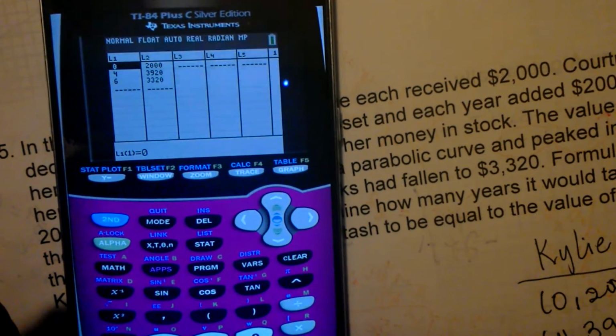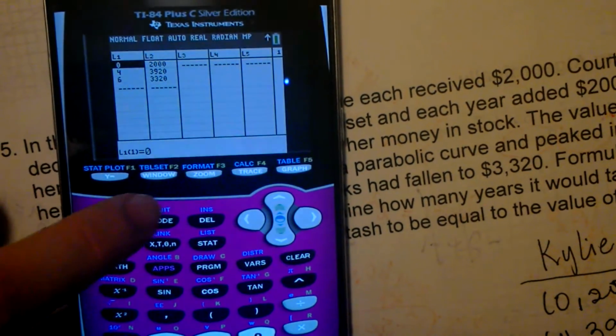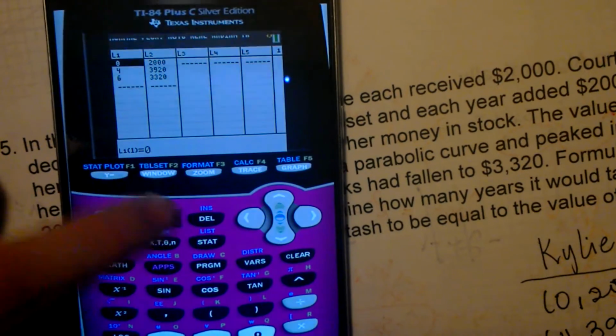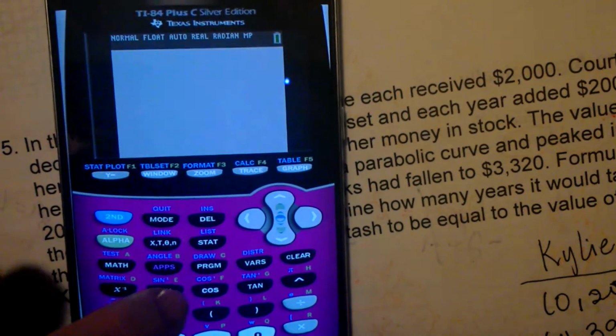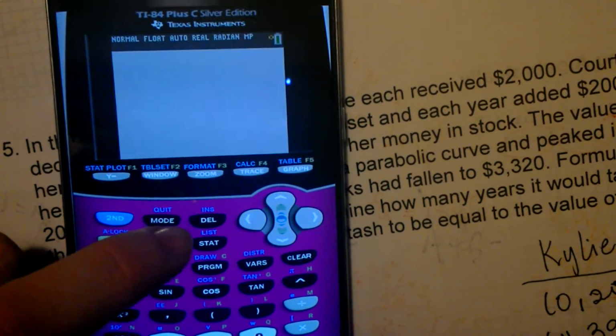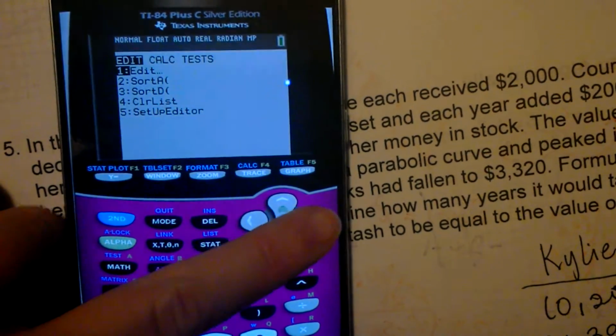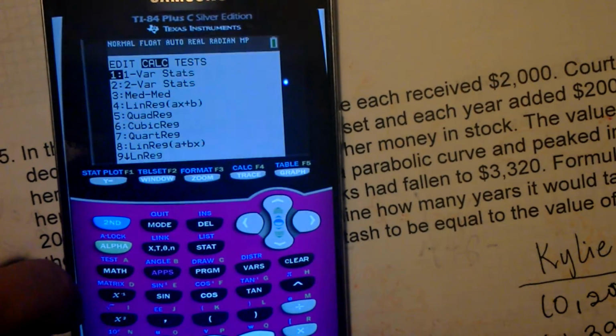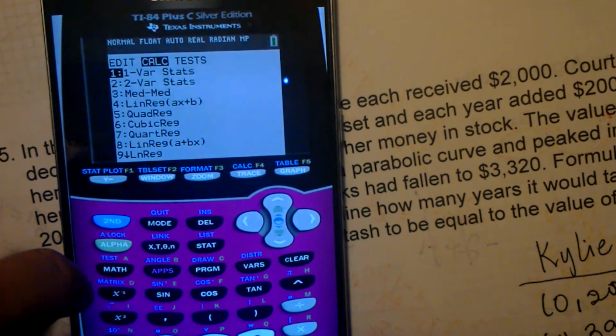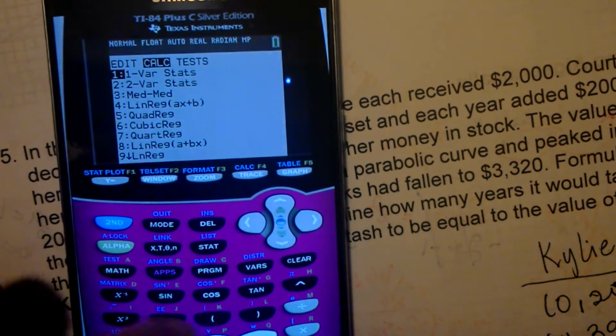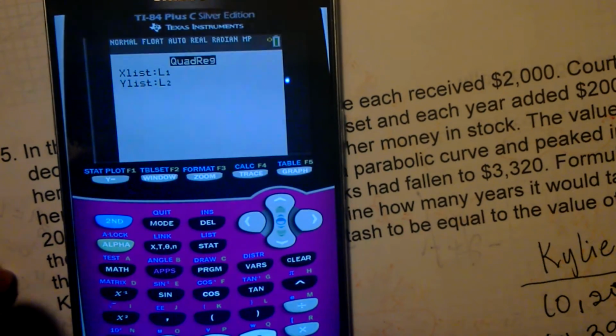So I have my data in there. So I'm going to go back home, second quit. I'm going to go back to stat, and I want to calculate the linear regression. I'm sorry, a quadratic regression. It's 5, because we have a quadratic.